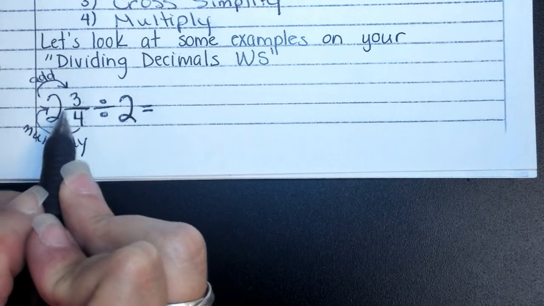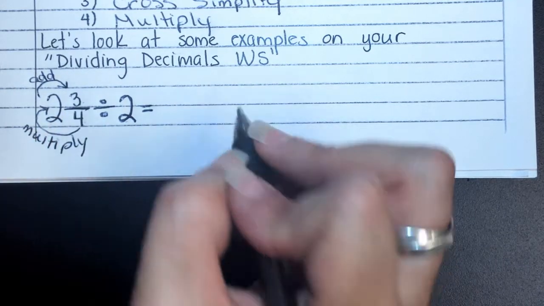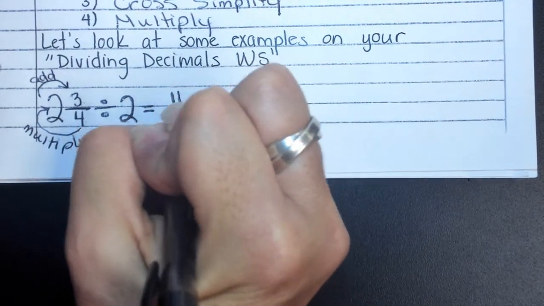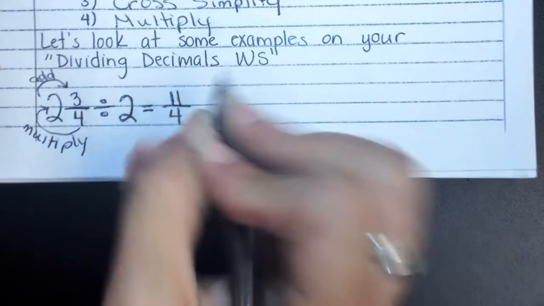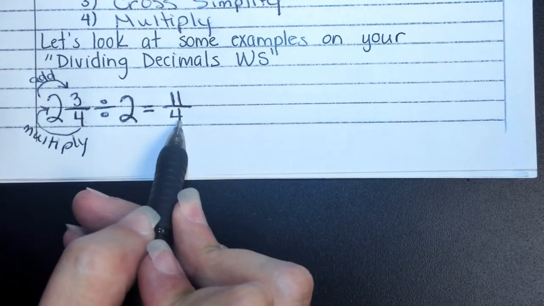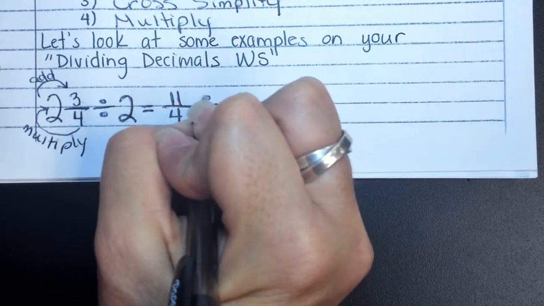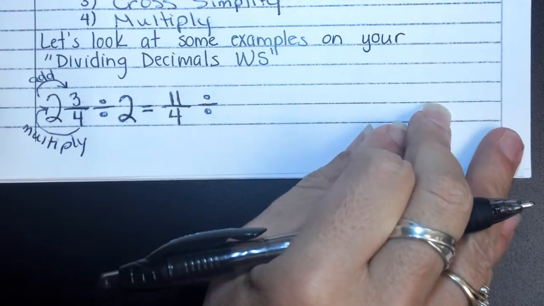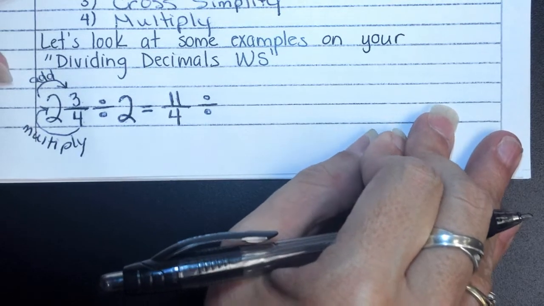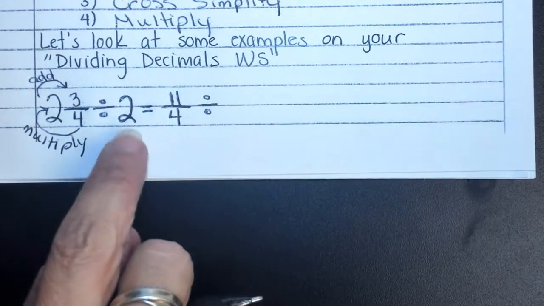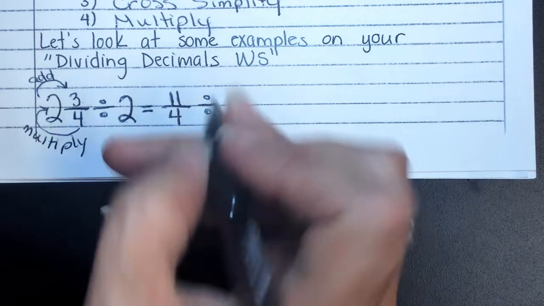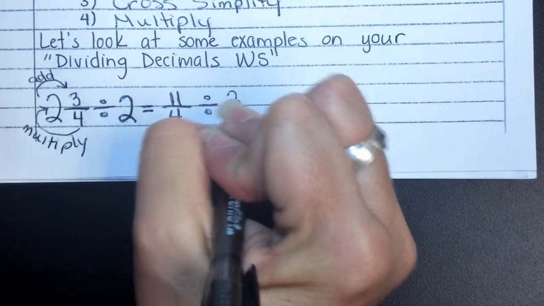So 4 times 2 is 8 plus 3. 11 over 4. We're going to keep the denominator the same. Okay. Keep the division sign for just a second. Do not try to skip steps. Okay. Now, we're going to put 2 over 1.